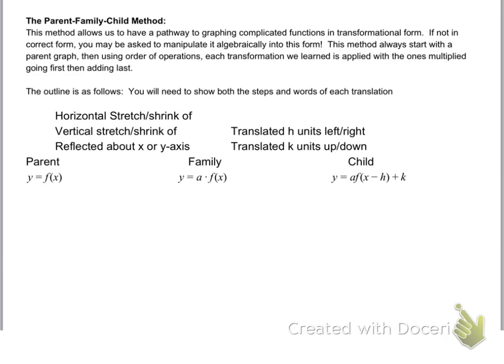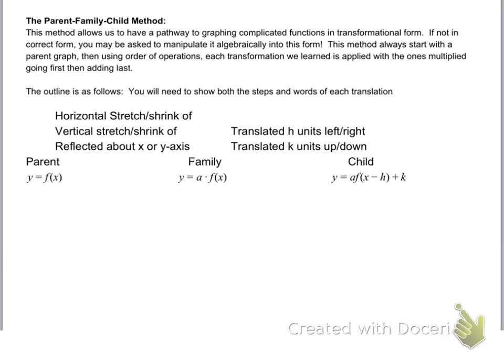The method allows us to have a pathway to graphing complicated functions in transformational form. So all of these parents, or all the equations that we're going to be given, not all of them I guess, but 99% of them, are going to be given in a form where you guys would recognize all of those changes of translated left, right, up, down, vertical stretch or shrinking, horizontal stretching and shrinking.